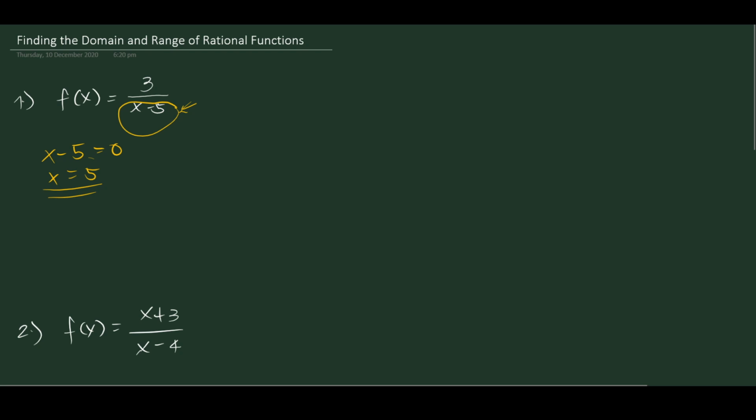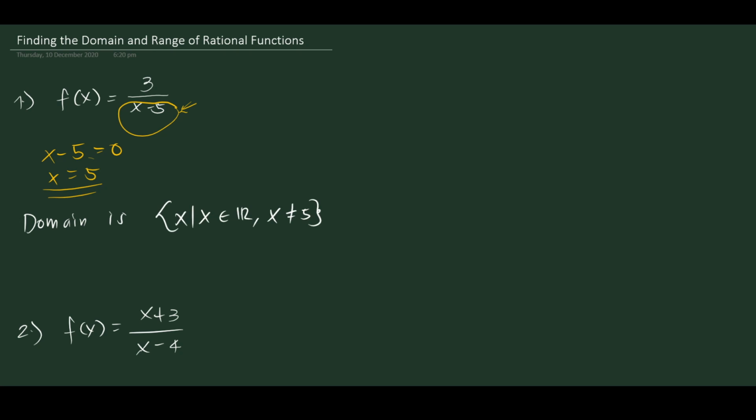Okay, so our domain, as a result, is x such that x is an element of real numbers and x is not equal to 5. There are many ways to write the domain, but I just chose the set builder notation. Okay, so how do we find the range?